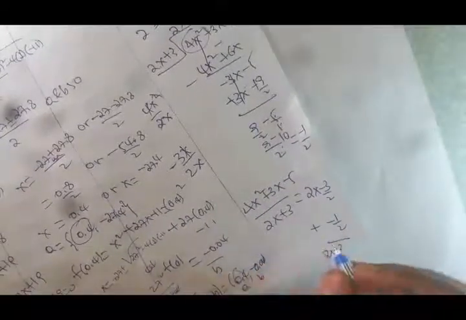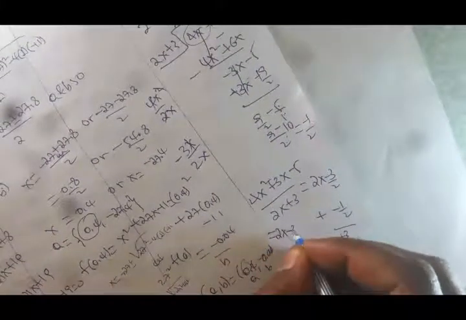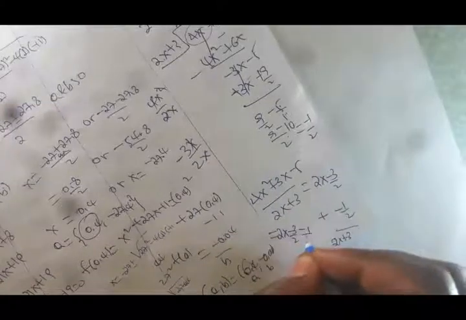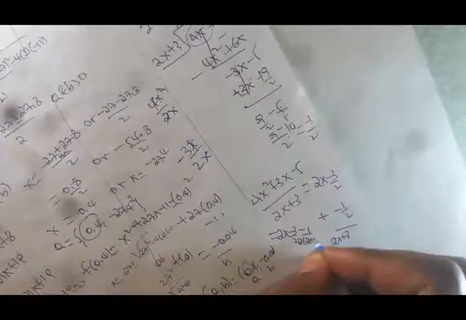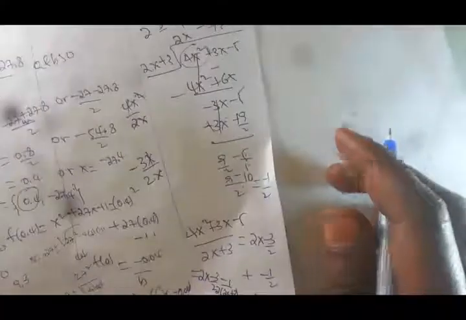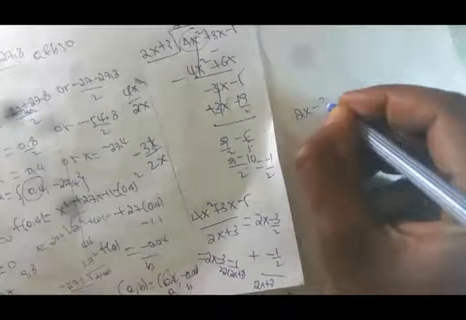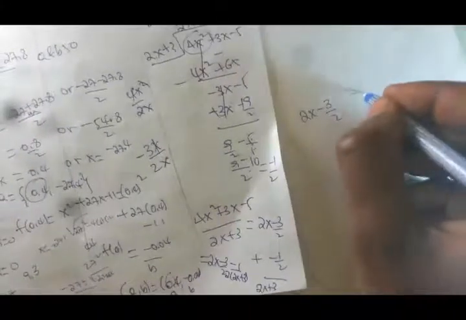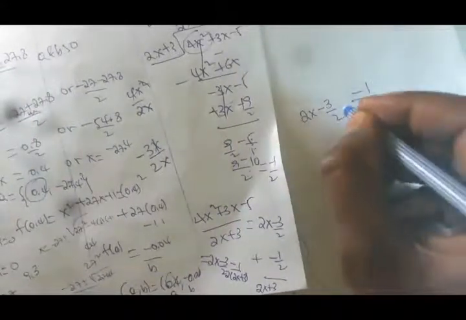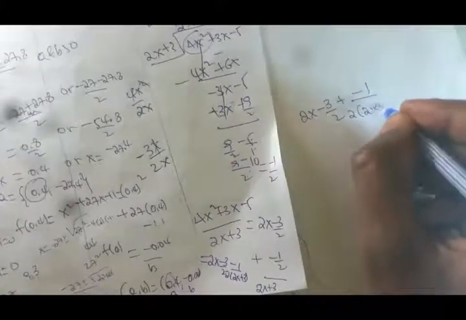Therefore, this can be further simplified to 2x minus 3 over 2 minus 1 over 2 times 2x plus 3, or 2x minus 3 over 2 minus 1 over 2 times, let's say this was plus 2 times 2x plus 3.